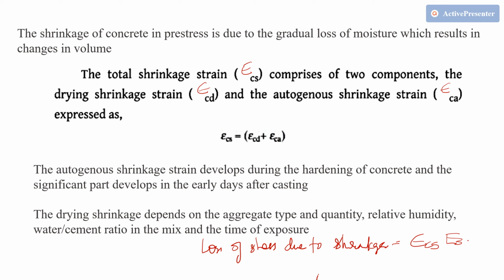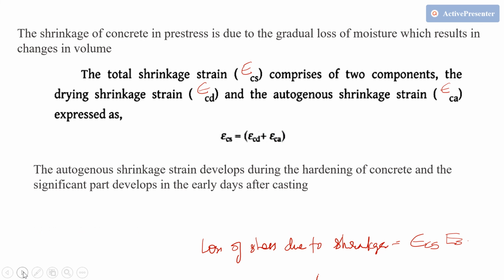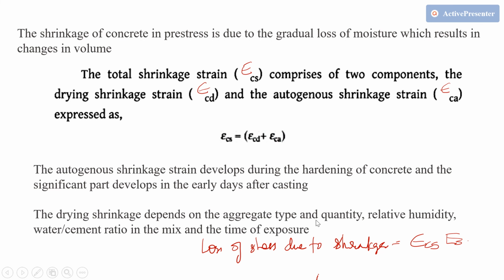That will be the loss of stress due to shrinkage. Now this epsilon cs value can be found out from your IS 1343. We will discuss that in detail while we are doing the numericals, because it depends on many factors. So that we will discuss while we are doing the numerical.